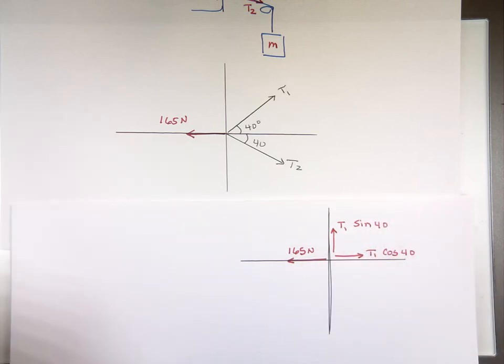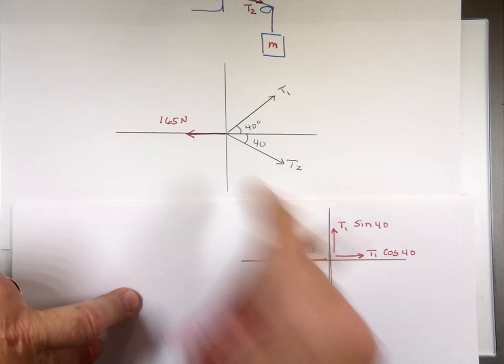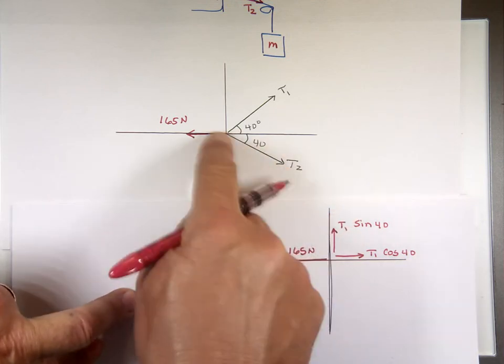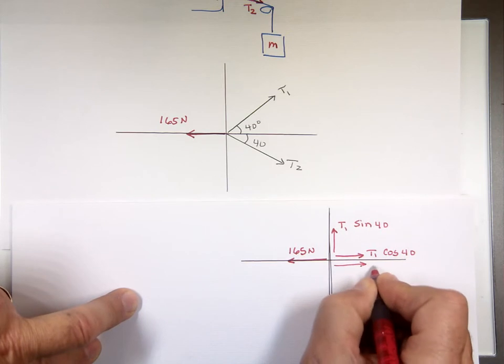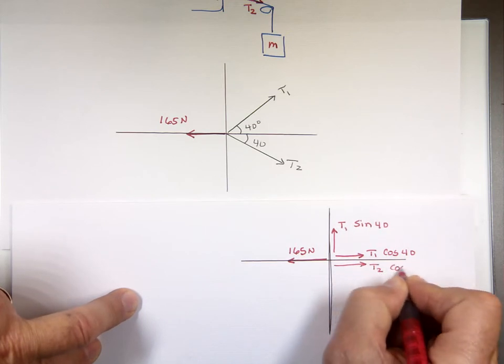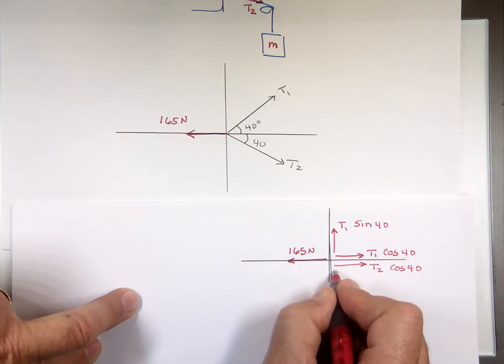To go from here to there, you have to go to the right and down. So this is going to have a component this way: T2 cosine 40 and T2 sine 40.